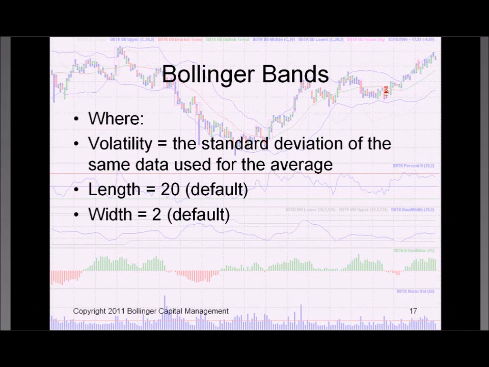I would only say that if you are in fact going to use an exponential moving average, you should use it both for the middle band, that is changing the middle band from a simple moving average to an exponential moving average, but you should also use it for the calculation of volatility. Inside that calculation of standard deviation, the value of the average that's used there should now be the value of an exponential average.